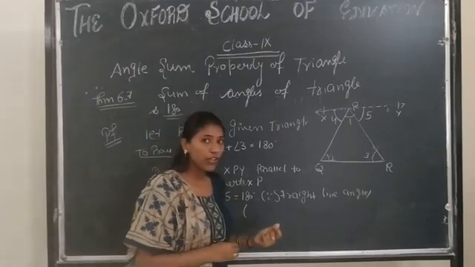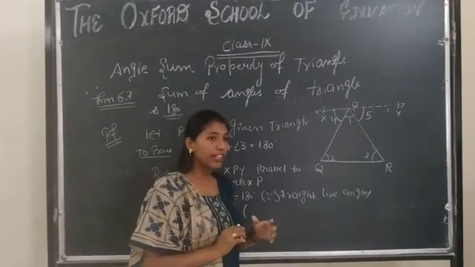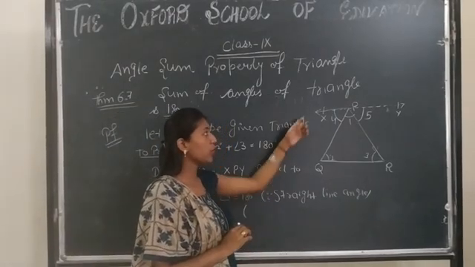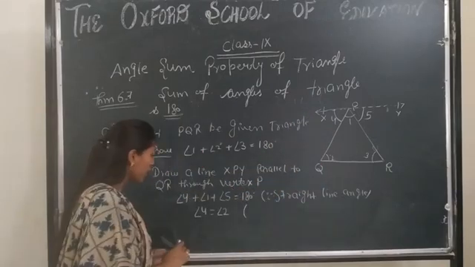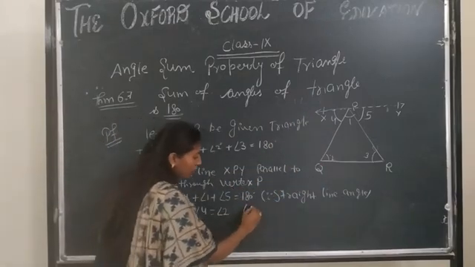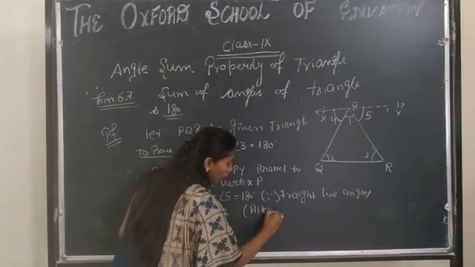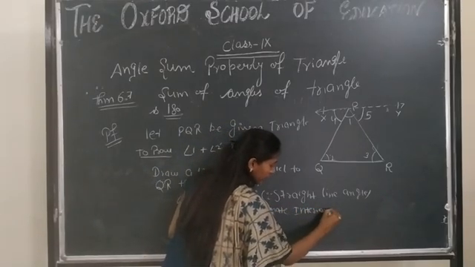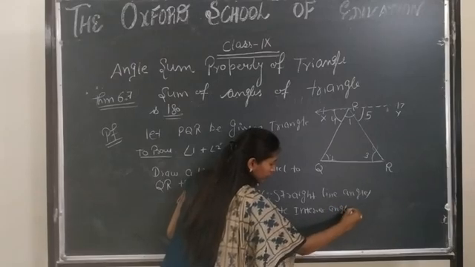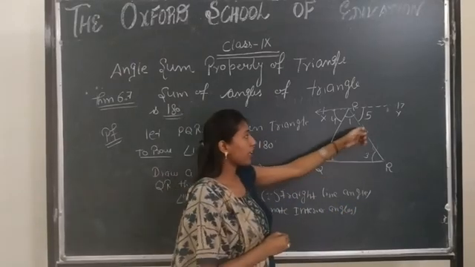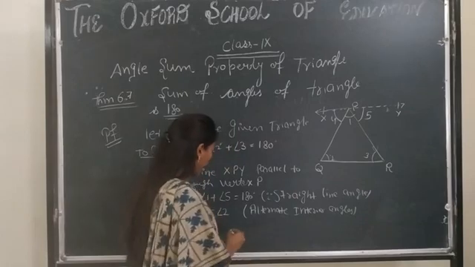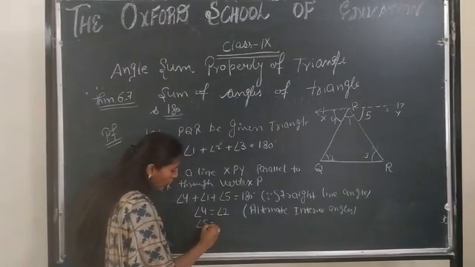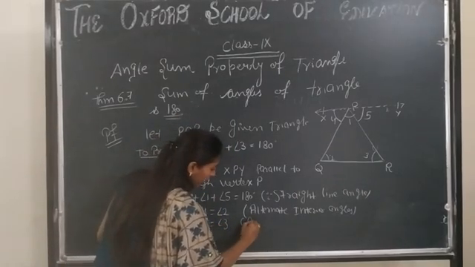And in the last video we have done that alternate interior angles are equal when two lines are parallel. So angle 4 equal to angle 2, reason is alternate interior angle. Similarly, angle 5 and angle 3 are also equal because of alternate interior angle.